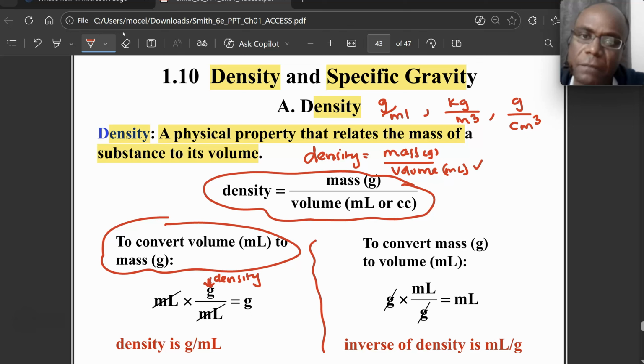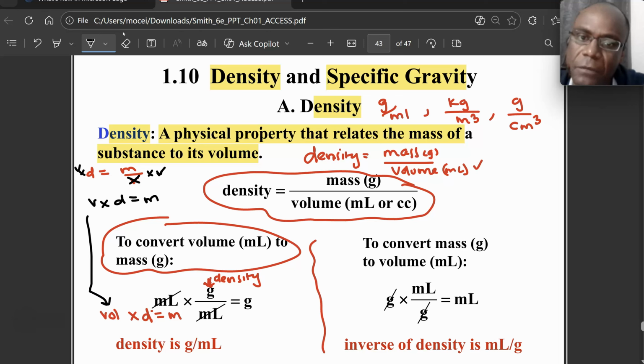If you want to convert volume to mass using density, you're going to take your volume and multiply it by density, and that's going to give you the mass. And it makes sense, because if density is mass over volume and I want to find the mass, all I will do is multiply both sides by V. V and V will cancel, so I'll be left with V times D equals M. Volume times density will give you the mass, hence this expression.